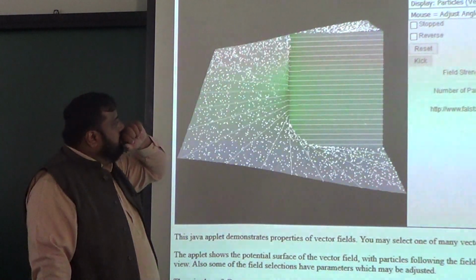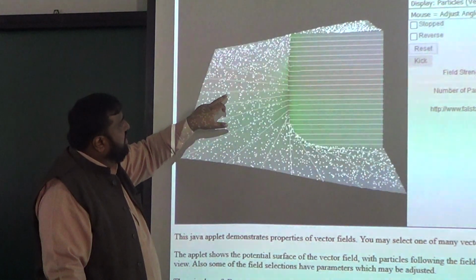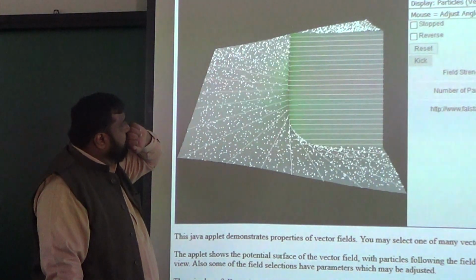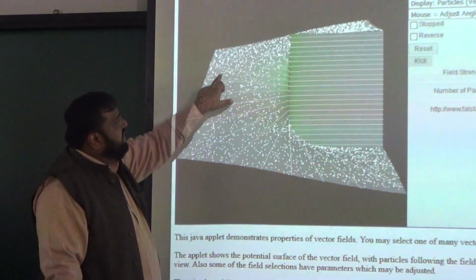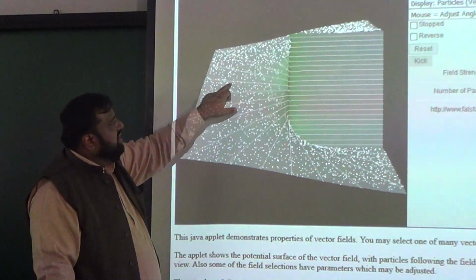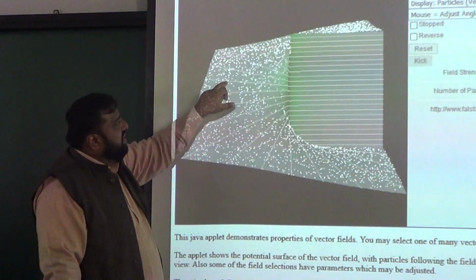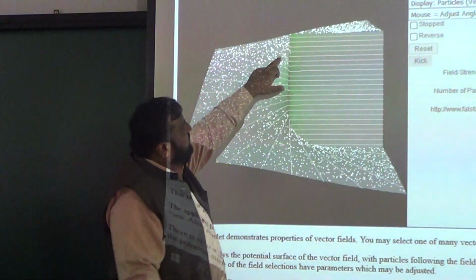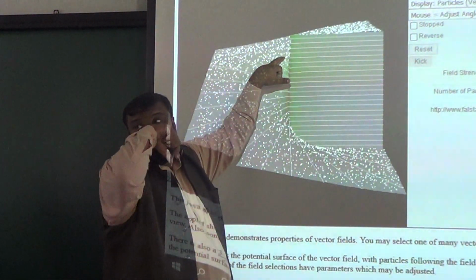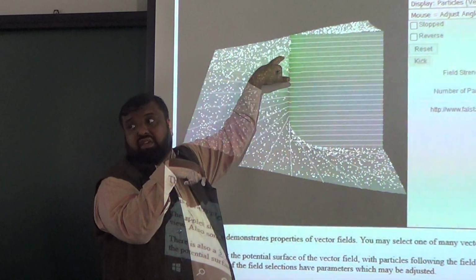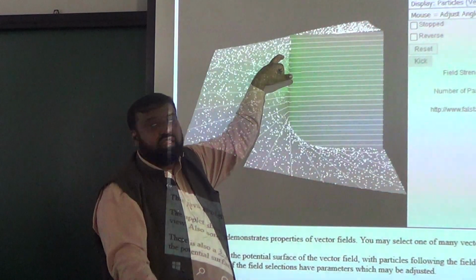I can pick a particular point and think that the particles are entering and leaving. But how is this point different from, for example, this point? The rate of entrance and leaving is comparatively high. So more particles are entering and more particles are leaving.